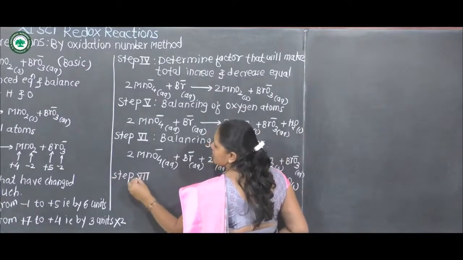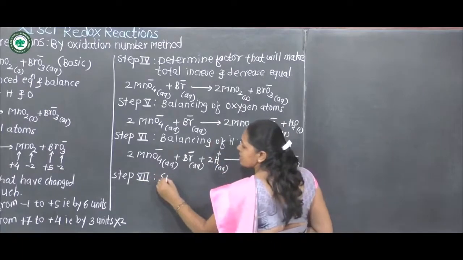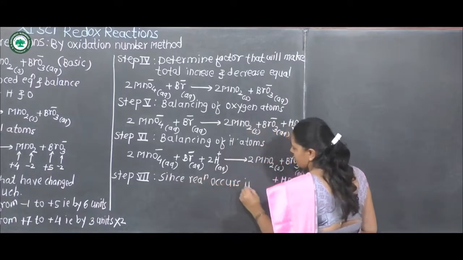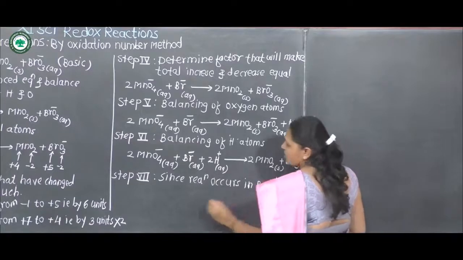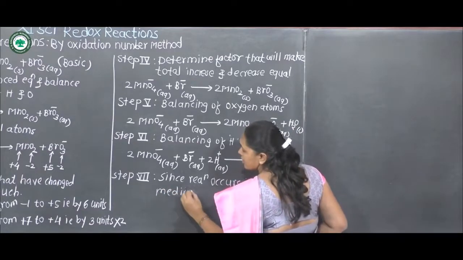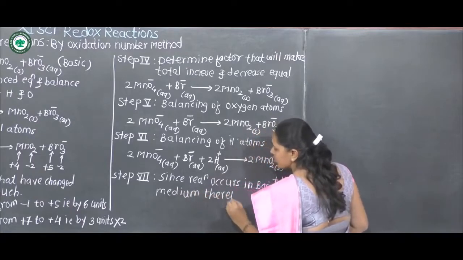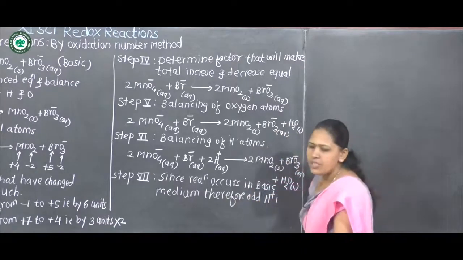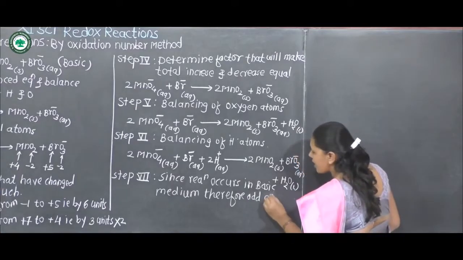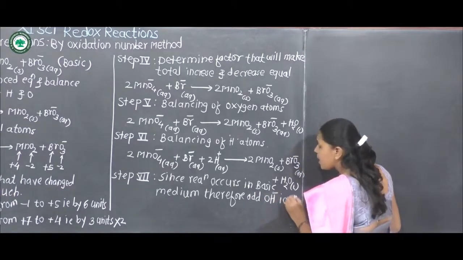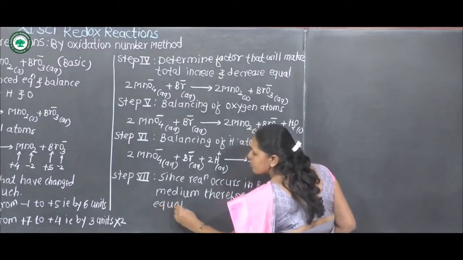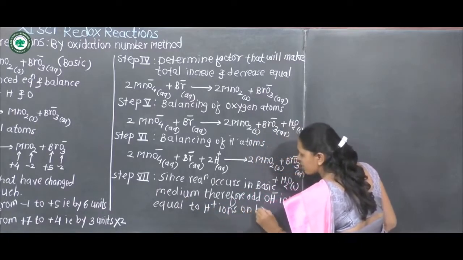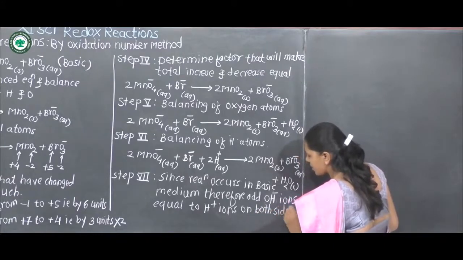Step 7: since the reaction occurs in basic medium, therefore add OH⁻ ions, that is hydroxyl ions, equal to the H⁺ ions on both sides of the equation.